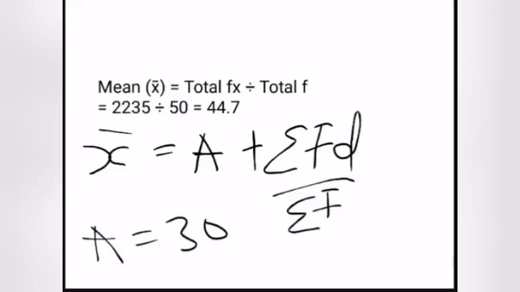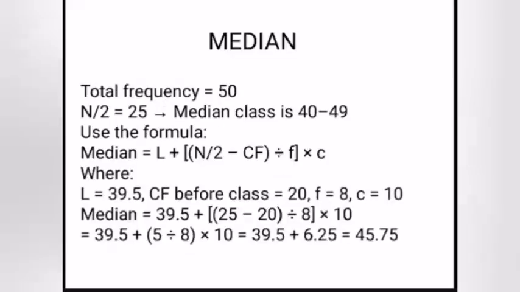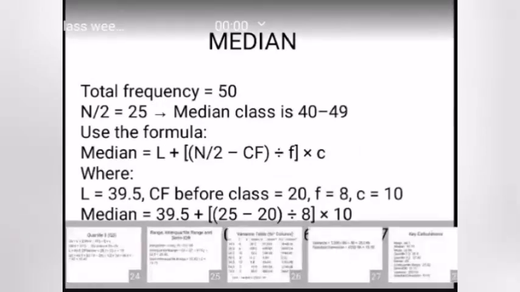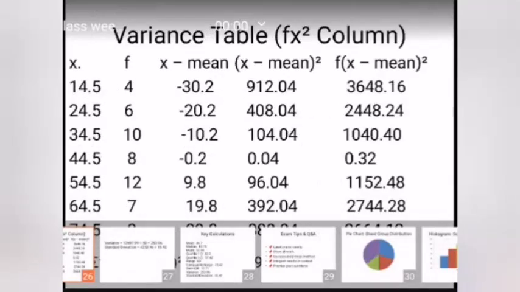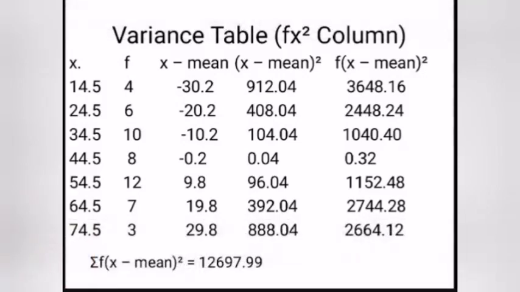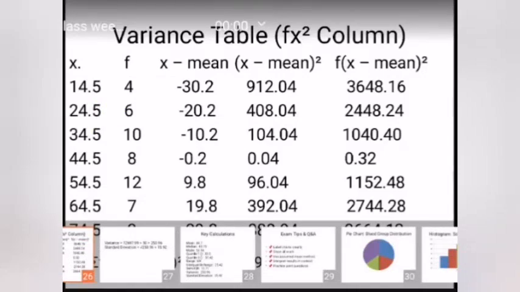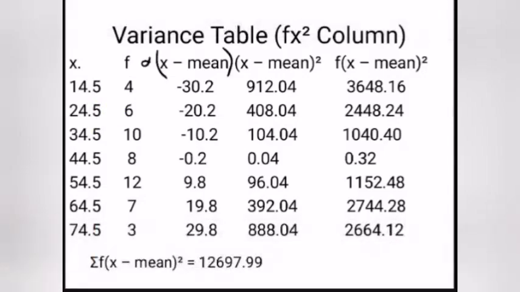So we'll have summation fd. Summation fd is just the same thing as here. I told you that your x minus mean is the same thing as d. So for you to find your assumed mean, I told you your x minus mean is the same thing as d.